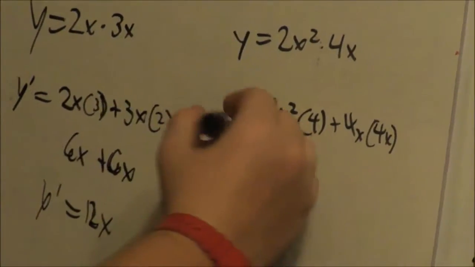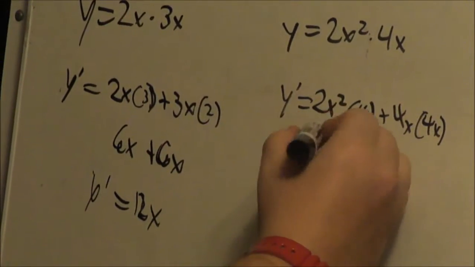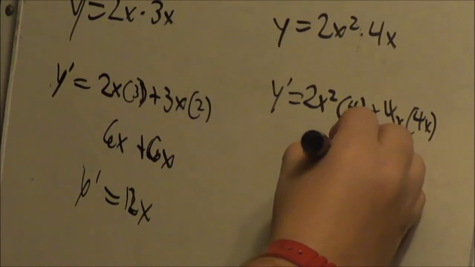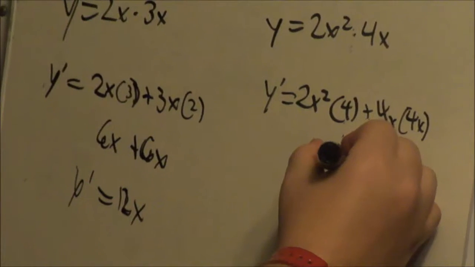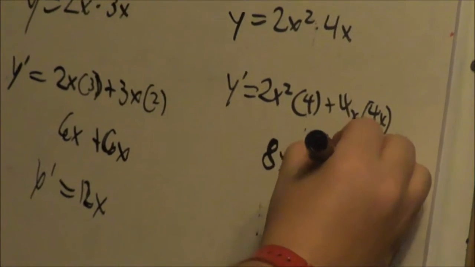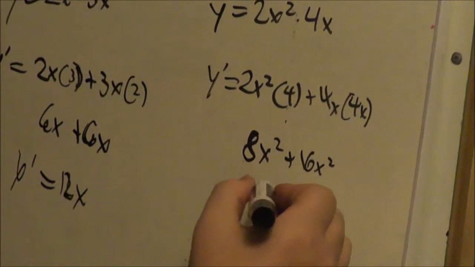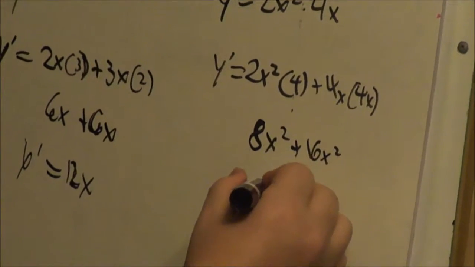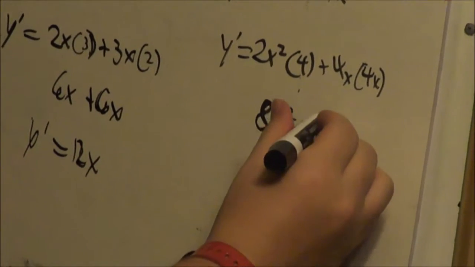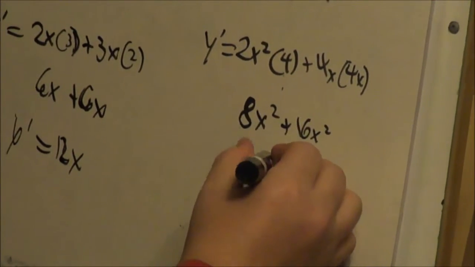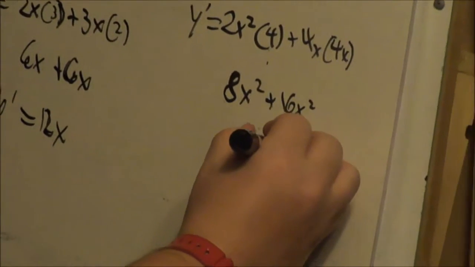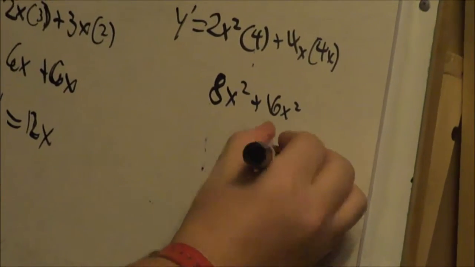And then you could sum it down to 8x squared plus 16x squared, and that would make it 24x squared.